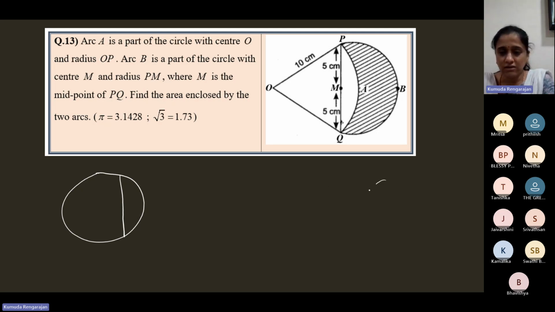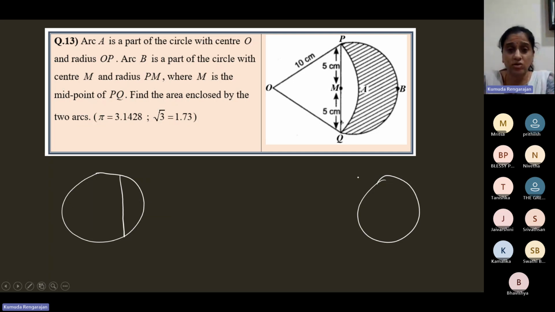In a circle, if the center of the circle lies on a chord, then that chord is the diameter of the circle. Now see here, this is the center, so the center lies on this chord. That means this chord is the diameter of the circle.